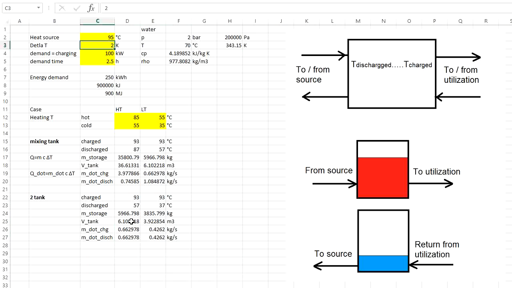Now for the case of the two tanks. So again, the change in the mass flow rate and the overall volume is not that dramatic, and everything stays at steady state regardless of the state of charge.